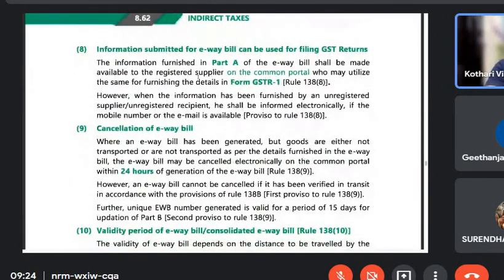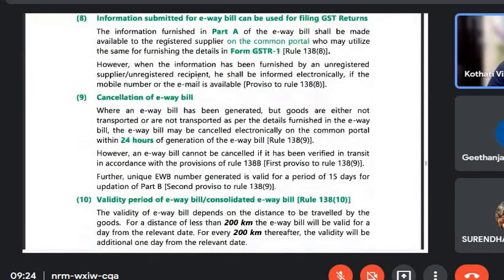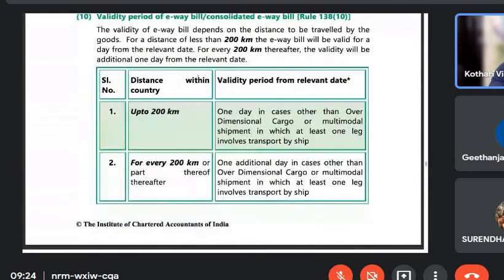Now cancellation of e-way bill. Can e-way bill be cancelled? First you should know that there is a validity of e-way bill. What is the validity of e-way bill? If the distance transported is up to 200 kilometers, then the e-way bill is valid for 1 day, in case of other than over-dimensional cargo or multimodal shipment in which at least one leg involves transportation by ship.